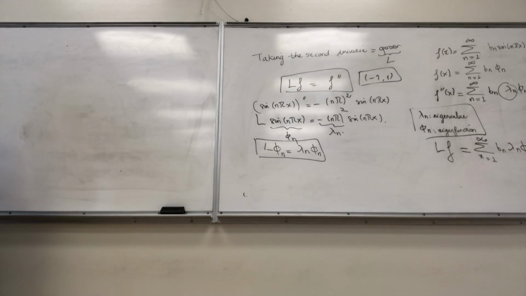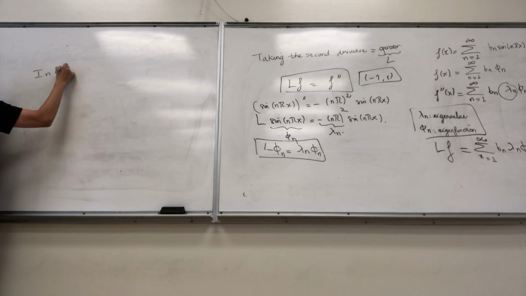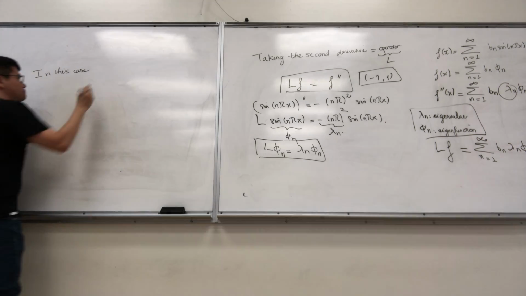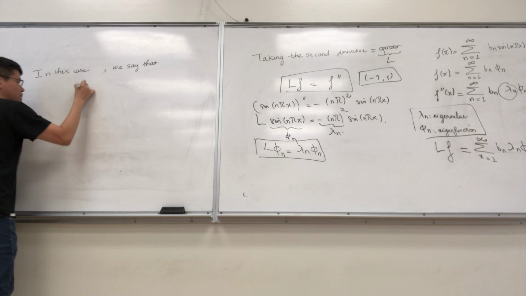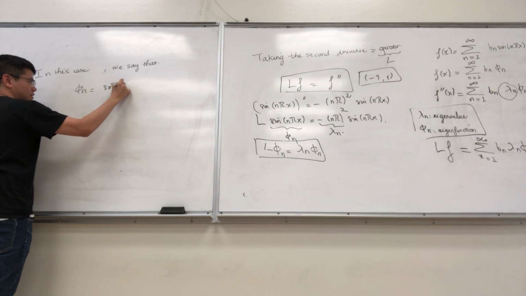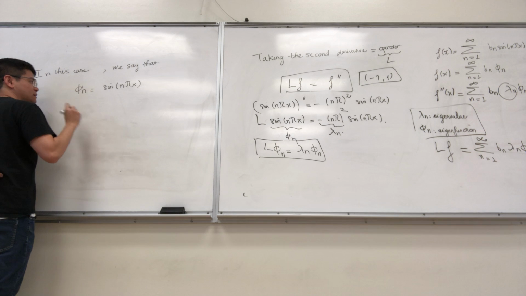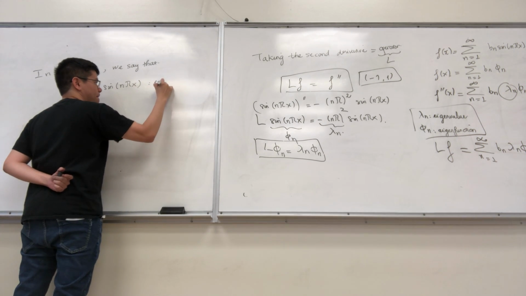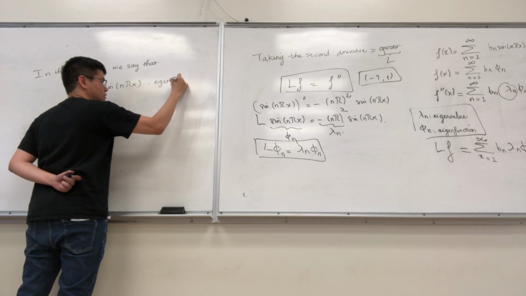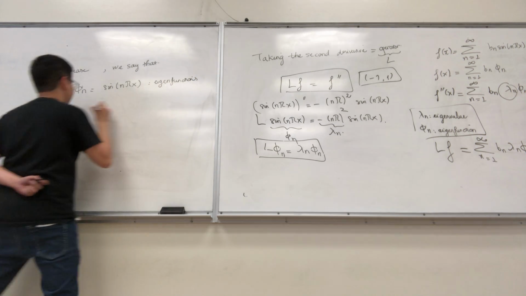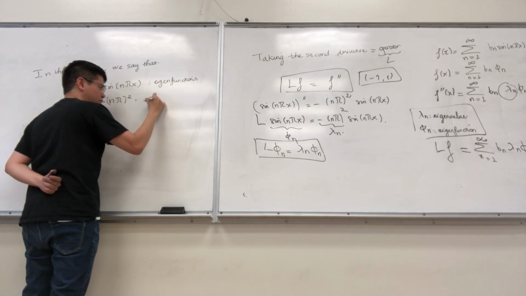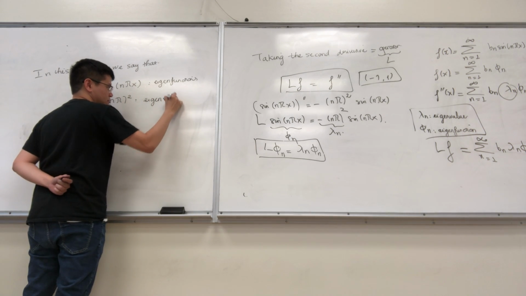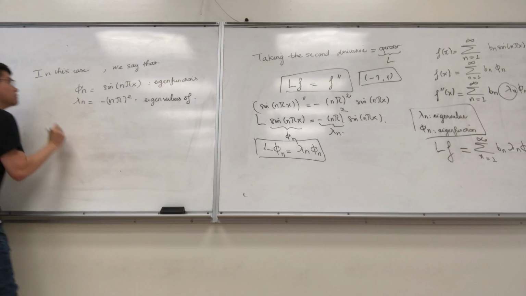Right. So in this case, we say that phi n is sin(n pi x), and their eigenfunction, and lambda n is minus n pi squared. They are eigenfunctions and eigenvalues of the operator.